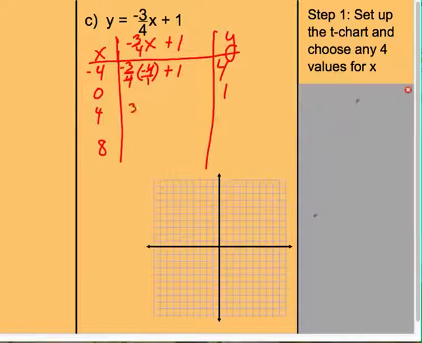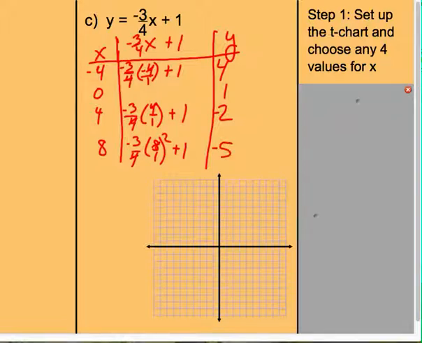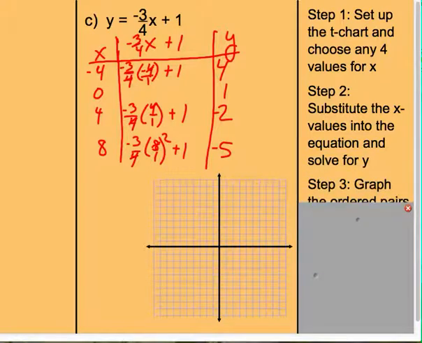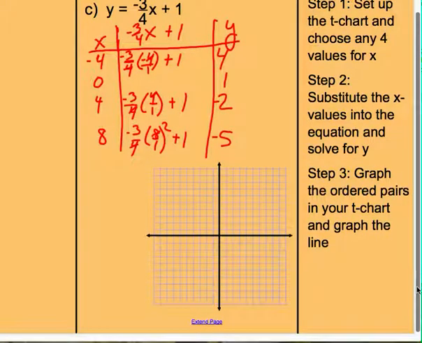Multiplying by 4, similar process for multiplying by -4. My 4's cancel. -3 plus 1 is -2. And then my 4 is here. 4 goes into 8 twice. -3 times 2 is -6, plus 1 is -5. So we did step 2, that was substituting. Now we're going to graph our ordered pairs.